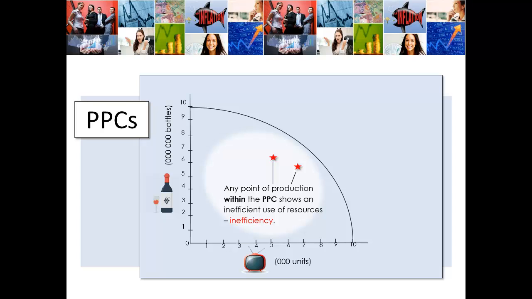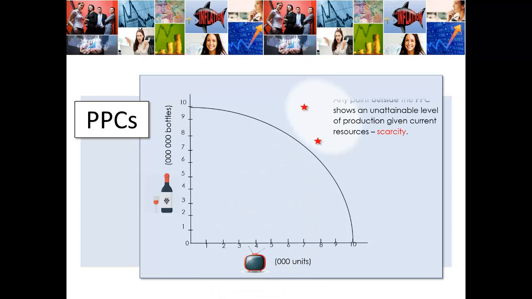Now, our PPC, producing on any point of that line, we are using our resources as efficiently as possible. So any point of production within that line shows that there is an inefficient use of resources. So any of those points here, we have inefficiency. And scarcity is demonstrated because we cannot produce a combination of goods or services outside the PPC.